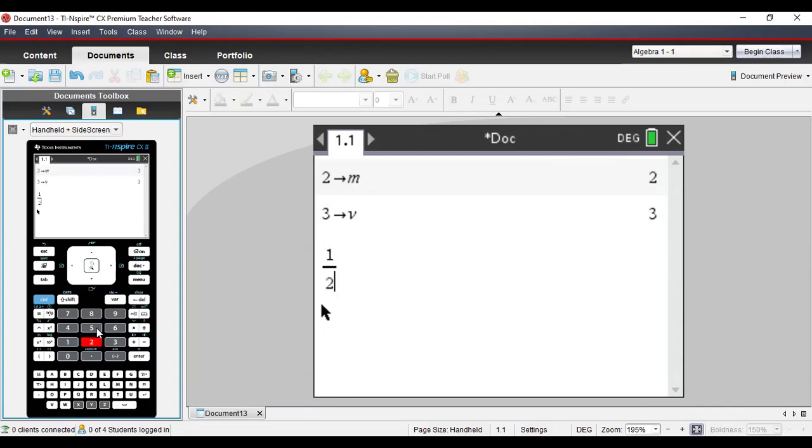So I'm going to take 1/2, multiply it times M, which is what the formula says, and then multiply it times V squared. I'll do this all in one thing and store that into the letter K. Where is K? Right there. Press enter. And it is 9 because I already calculated.